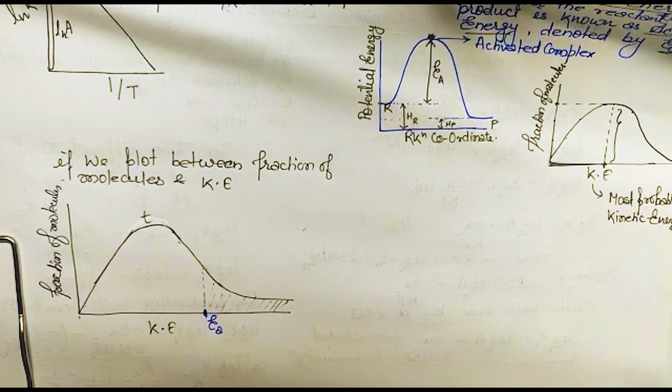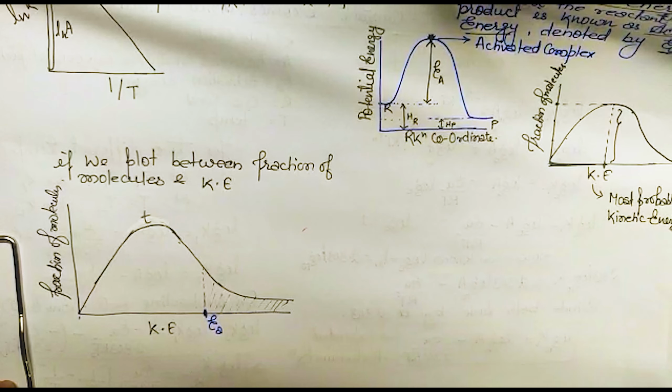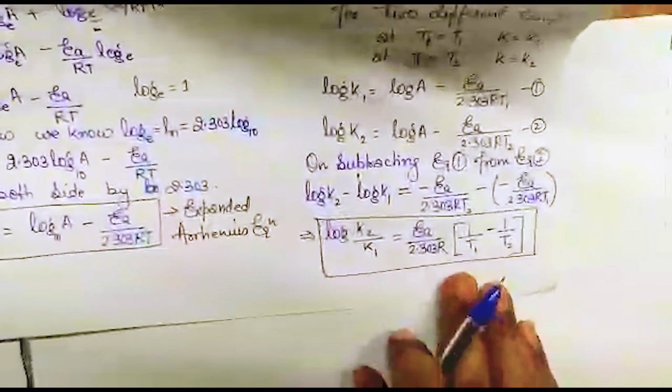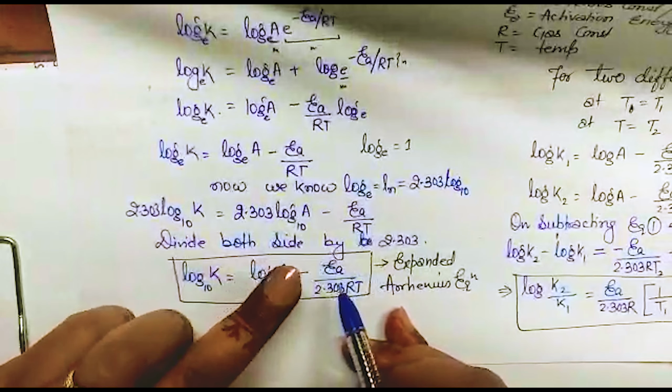But if we plot a graph at T plus 10 degree. One more thing: if we increase the temperature, what will happen to the activation energy? Increase in temperature means the activation energy will decrease. How come? Again, you will see it in this formula, where this is a constant value.